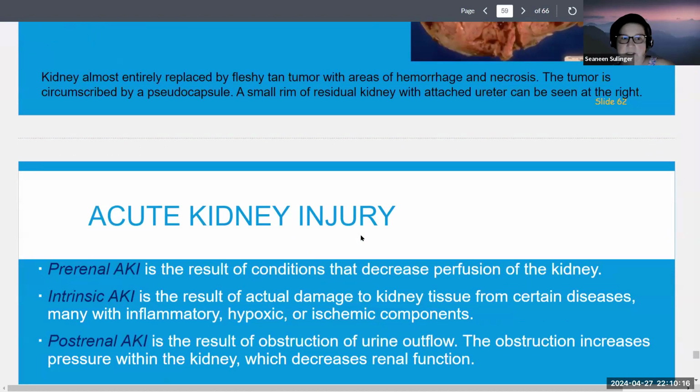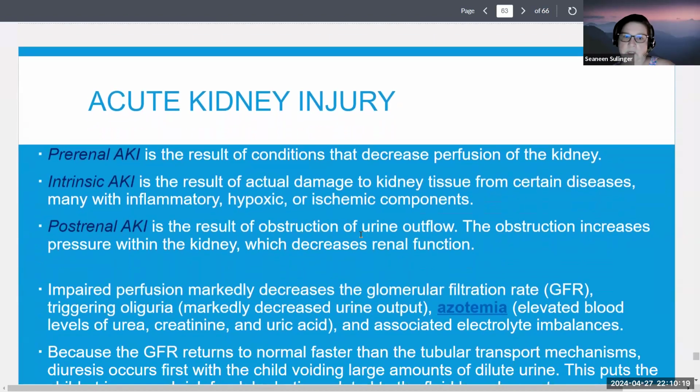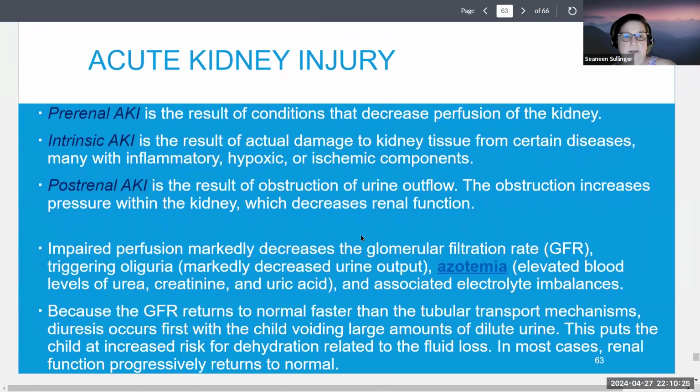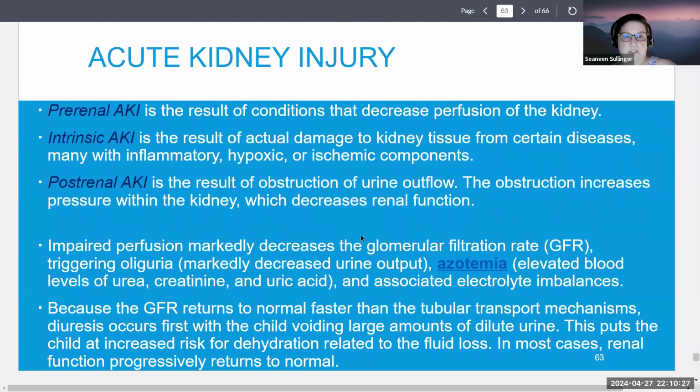The last few slides have to do with acute kidney injury and chronic kidney injury, which you're going to talk about more in third semester. Just to understand, acute kidney injury will have an onset and then be concluded, whereas chronic is an ongoing kidney problem.